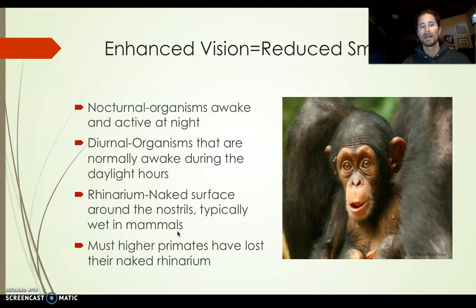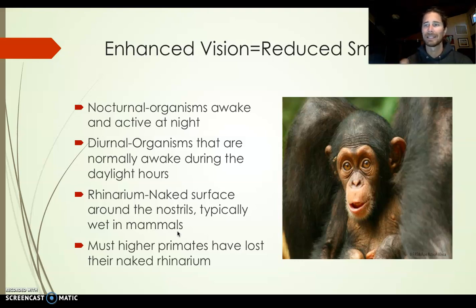The rhinarium is basically the nose, they call it the naked rhinarium, which is essentially your nostrils are wet. Again, cats, dogs have naked rhinariums. Many of the primates tend to have dry, right? And again, the higher level primates have lost their naked rhinarium.